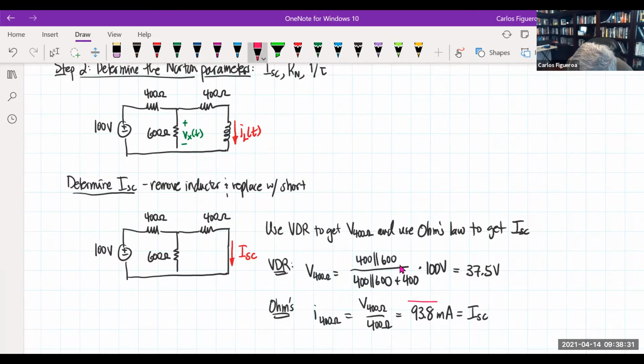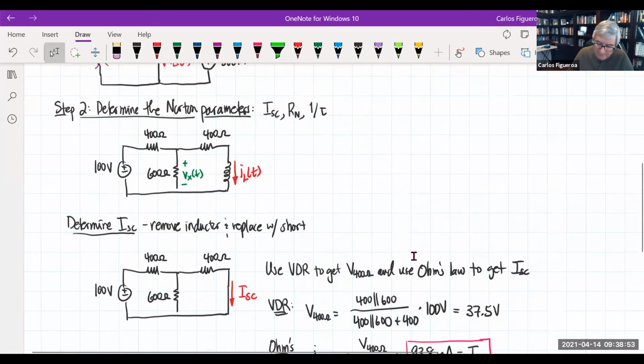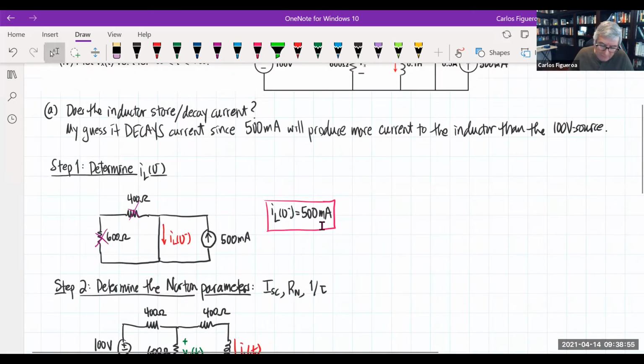So now I know what the current I short circuit is. Before we go, look at that current. That is going to be the final current of the inductor in the Norton circuit here. If I compare 93.8 milliamps to 500 milliamps, we see that the inductor is definitely going to decay. So that was a good guess.